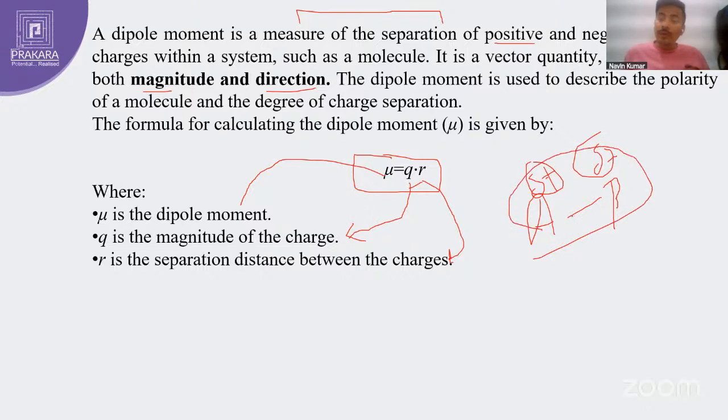This dipole moment is nothing but the multiplication of their charge and the distance between A and B.